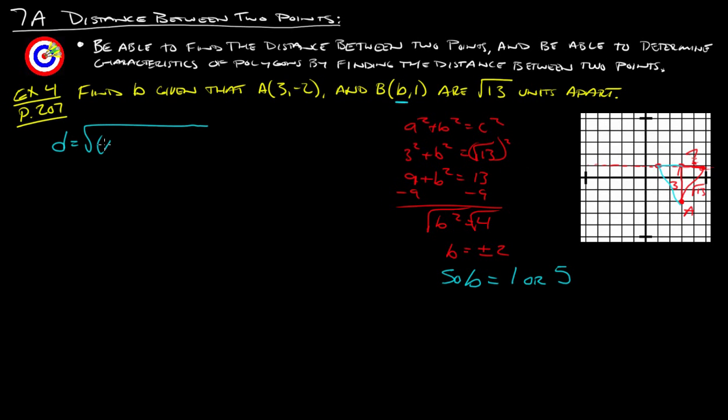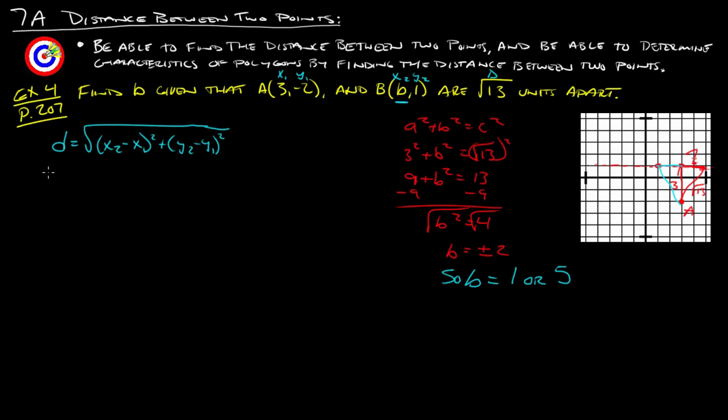So distance equals the square root of (x2 minus x1) squared plus (y2 minus y1) squared. So there's our distance formula. We can plug all this stuff into that distance formula. So this is x1, y1, x2, y2, and that's our distance.